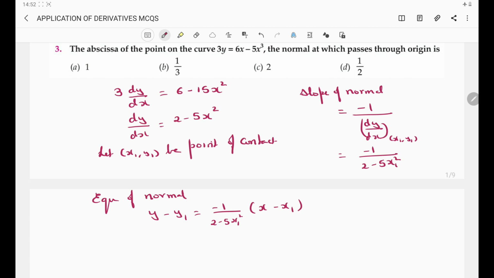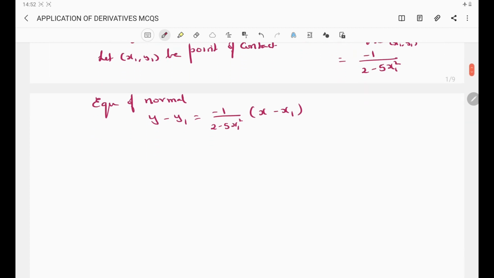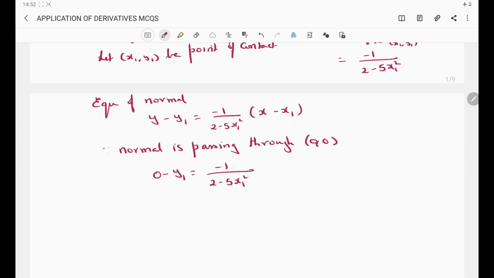Since the normal is passing through the origin, we get 0 minus y1 is equal to minus 1 by 2 minus 5x1 square into 0 minus x1, or y1 is equal to minus x1 by 2 minus 5x1 square.